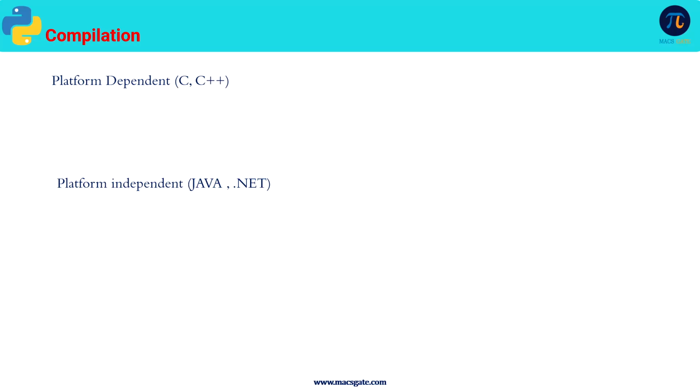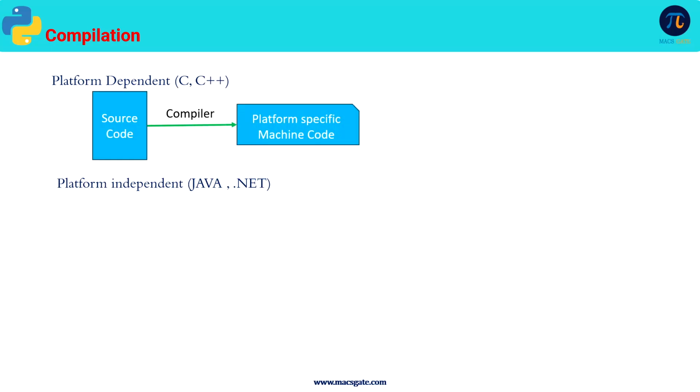In platform dependent compilation, the compiler converts the source code directly into platform specific machine code, which is then executed. Suppose you want to run the program on a different machine, again the source code needs to be recompiled.